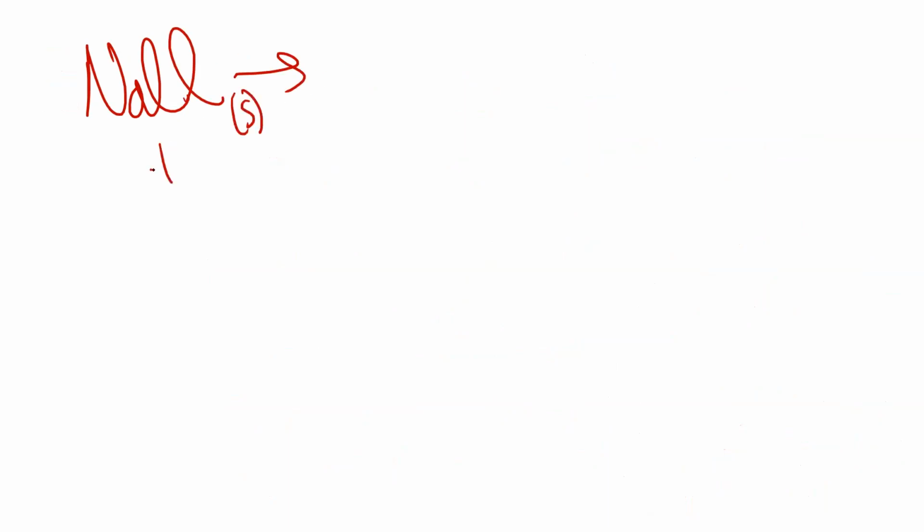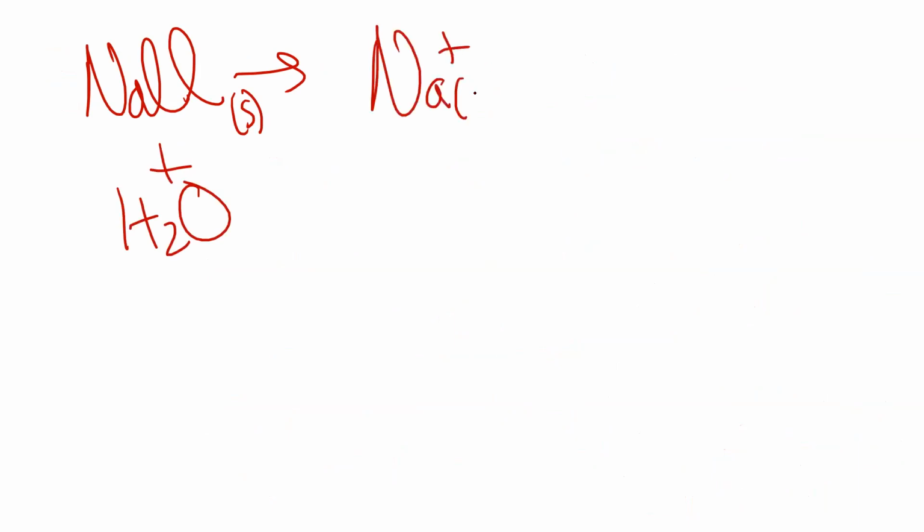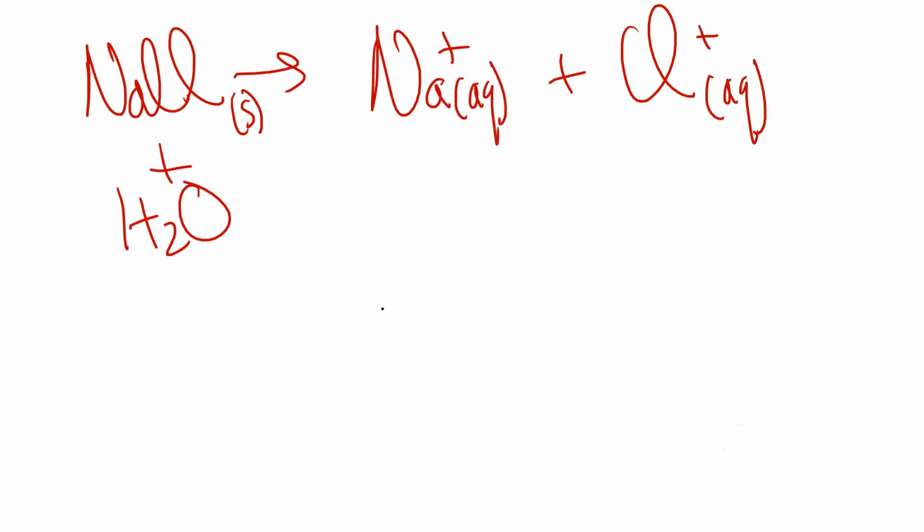If you add it to water, they break apart into sodium aqueous ions and chloride aqueous ions every time. If there's a sodium present and it's paired with something else, that anion will be soluble as well. If there's nothing else in solution other than sodium, lithium, potassium, cesium, and ammonium paired with an anion, that anion will by nature be soluble because the cation is soluble.